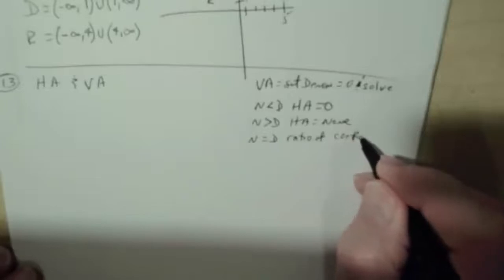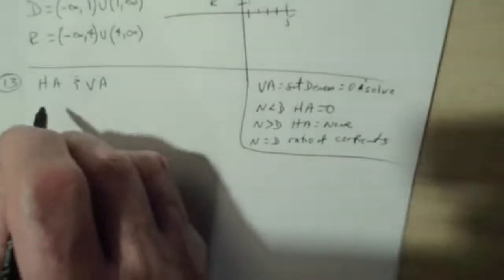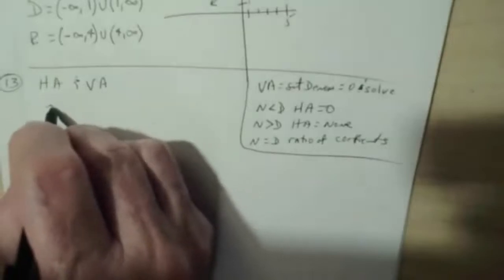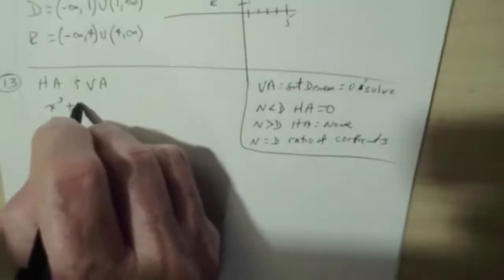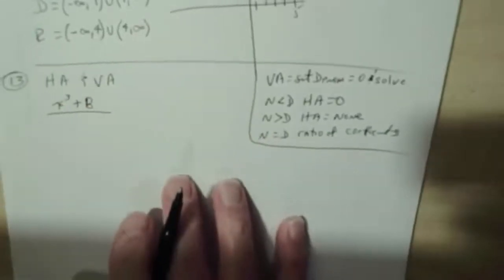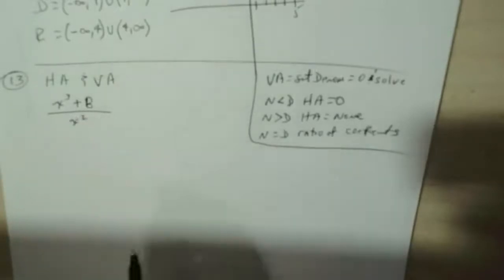So number 13 is x cubed plus 10x plus 8 over x squared. These are the exponents.